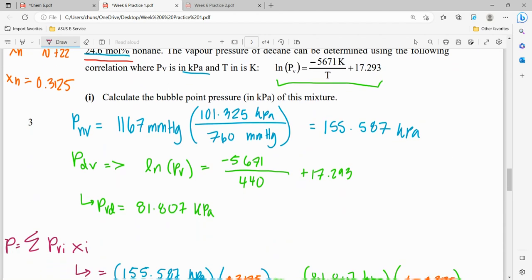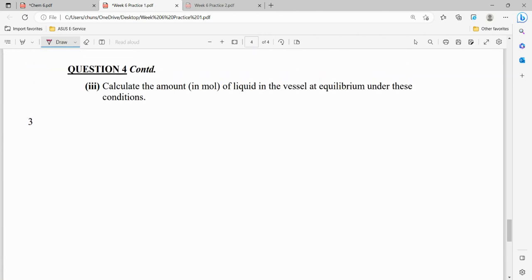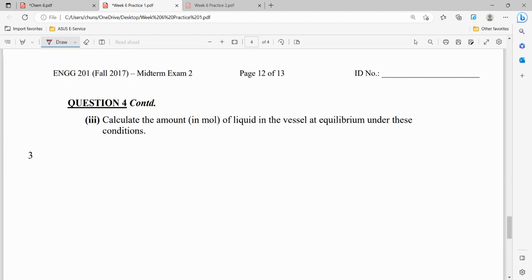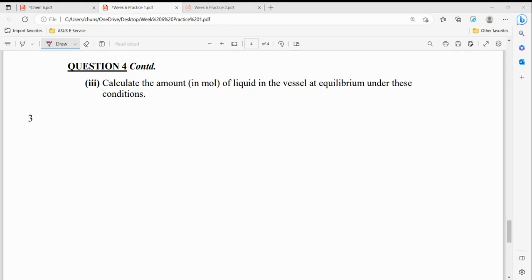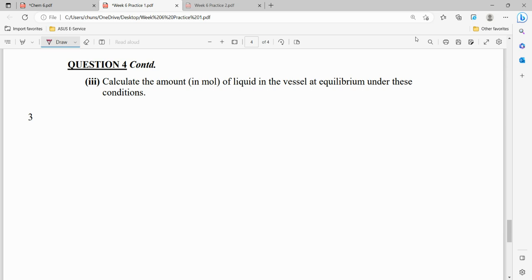Okay, and now we're going to move on to the last section of our question, which is part 3 of our Raoult's law stuff. Calculate the amount of liquid in the vessel at equilibrium under these conditions. In this last step, we can use the lever rule.